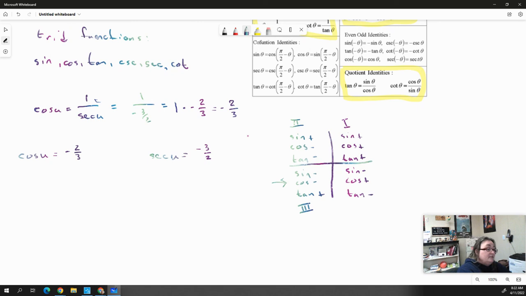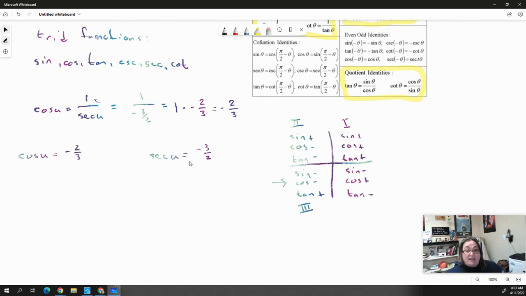Other than for the signs that you need to put on each of these trig identities, it doesn't matter. Everything's going to solve the same way. It's just that we know what sign to give each one based on what quadrant it lies in, and we know that because we're given this parameter.